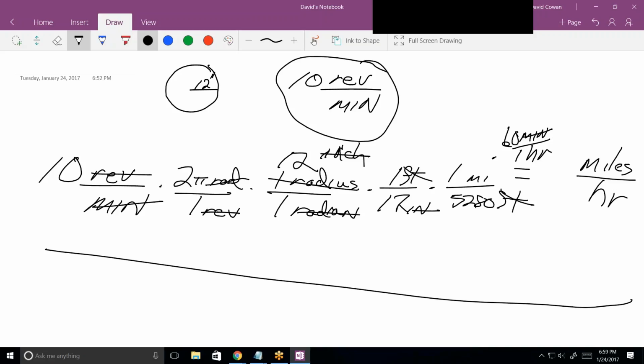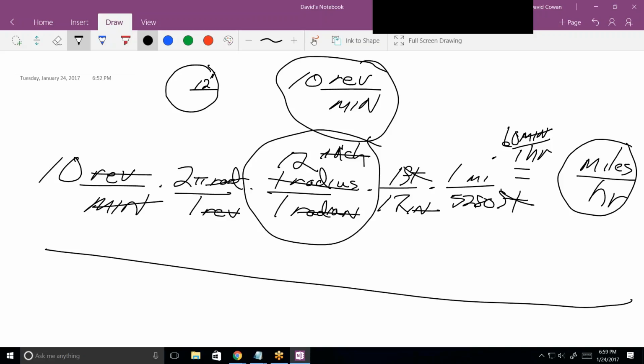It's just that sometimes they're going to want a different final answer. Sometimes they give you the miles per hour and they want to know what the radius of the wheel is. But it doesn't really matter what they're asking for. The problem comes down to getting your units to all cancel. The reason is so you'll know whether to put 2 pi over 1 or 1 over 2 pi, and it's going to make a difference. So you have to make sure your units cancel out.